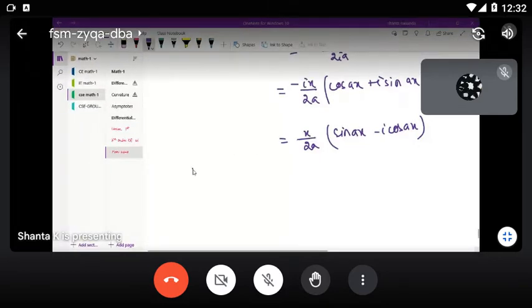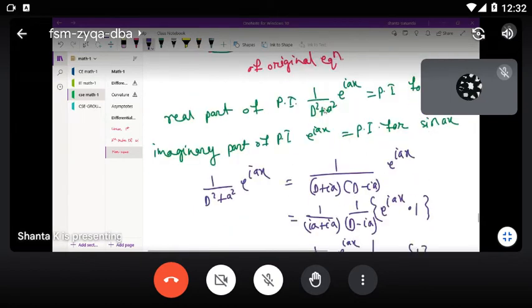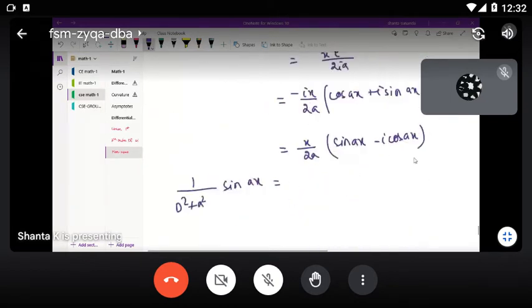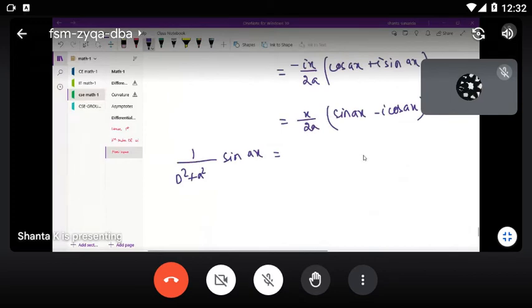So here 1 by d square plus a square. If you have the sin ax, then it will be the imaginary part, you see. The imaginary part will be the particular integral for sin ax, so here it will be minus x by 2a cos ax.